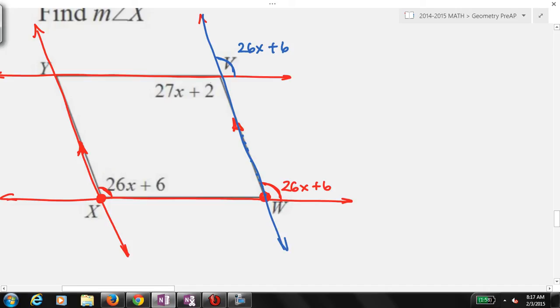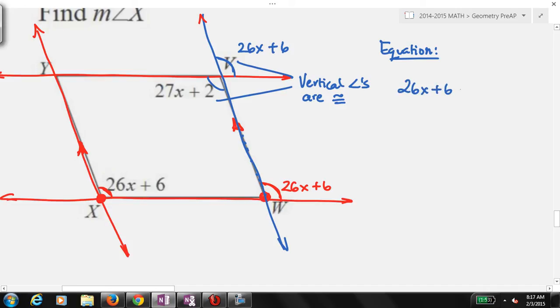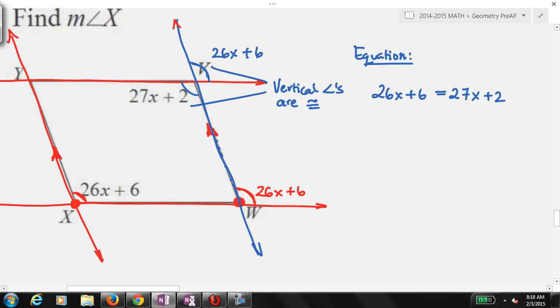Vertical angles. And I know vertical angles are congruent. So I can set these equal to each other. So my equation here is going to be 26x plus 6 is equivalent to 27x plus 2 because of the fact that vertical angles are congruent.